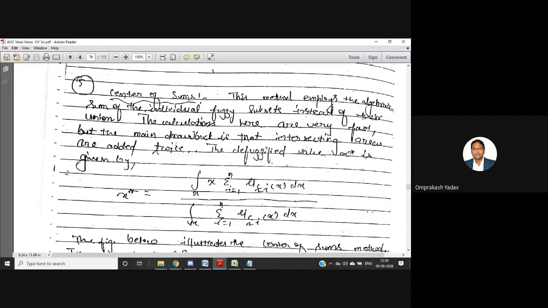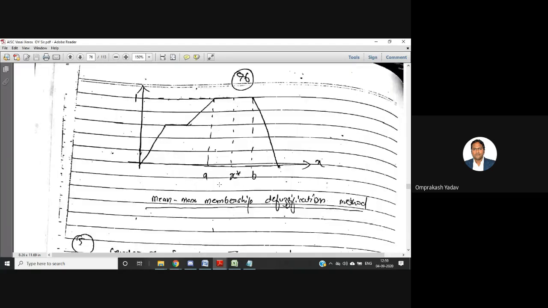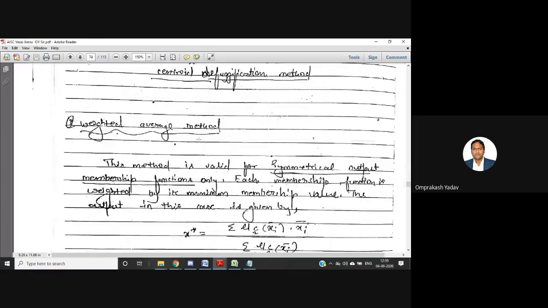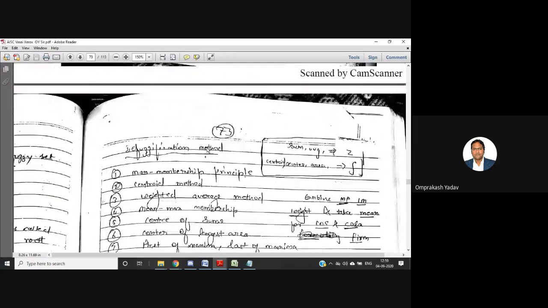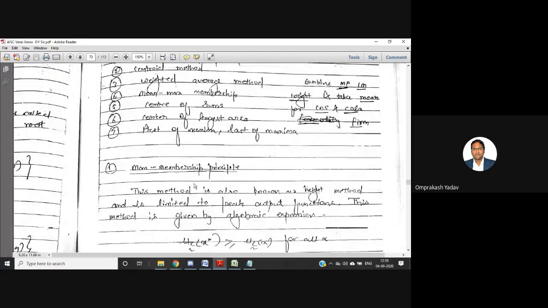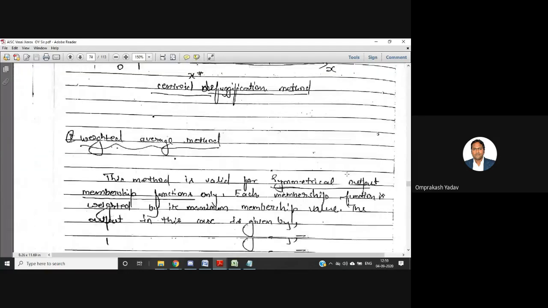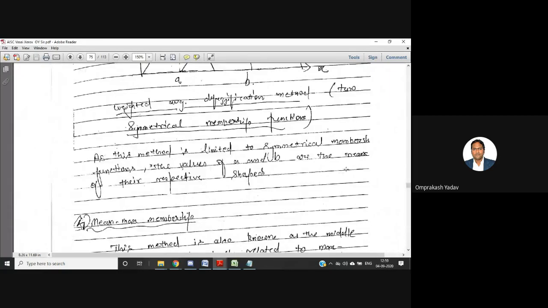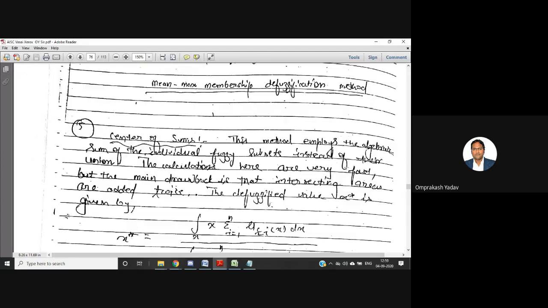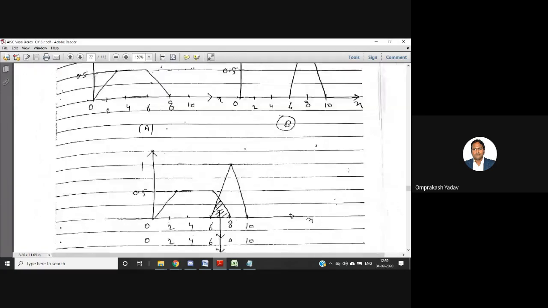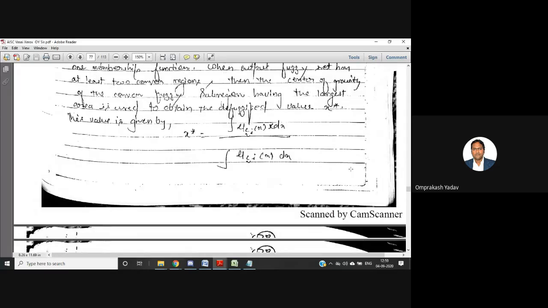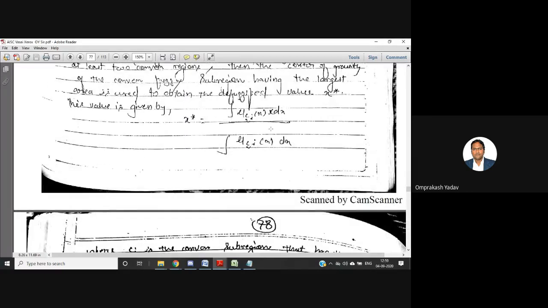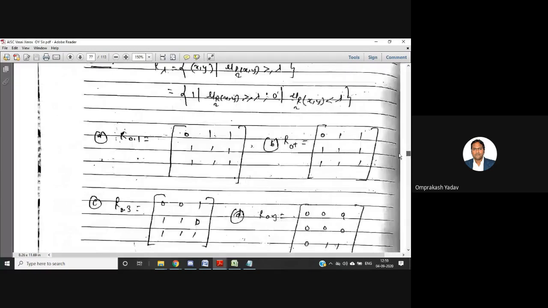Actually sum is also involved over there, but first I'm focusing on the center of sum, so the integration is over there. Then let's check with the others: center of largest area. Integration is there, center of largest area.